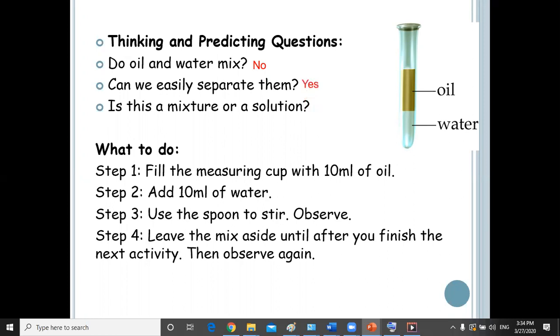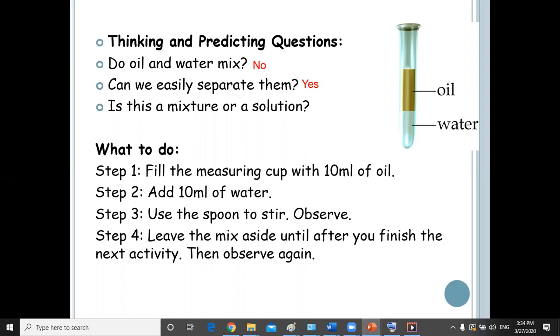The third question is, is this a mixture or a solution? Great job. It's a mixture. Why? Because we can easily separate it.